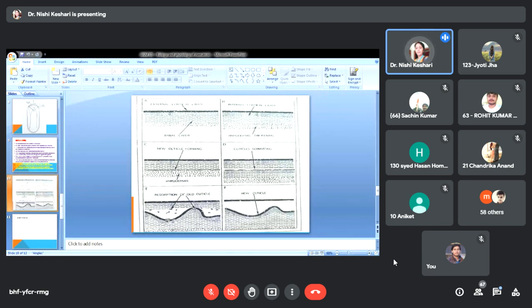This shedding of the old cuticle is called molting. So during molting, what happens? You can see this is the basal layer, this is the external cortical layer, this is the internal cortical layer, and this is the hypodermis. This granular part is the hypodermis.